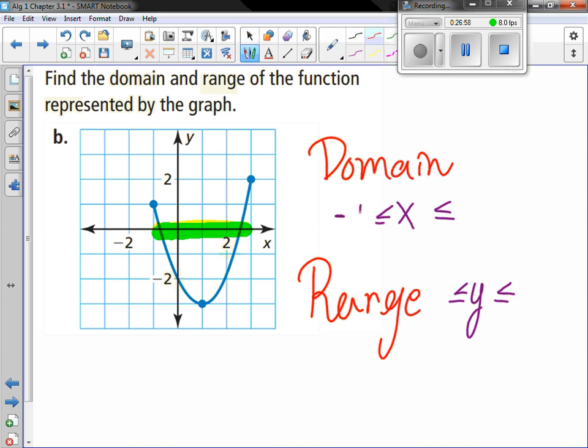It would be -1 because it's past the y-axis, in the negatives. What is the biggest value? It'd be +3. So the domain would be between -1 and 3 for the x-axis, because we're seeing where it falls on the x-axis.